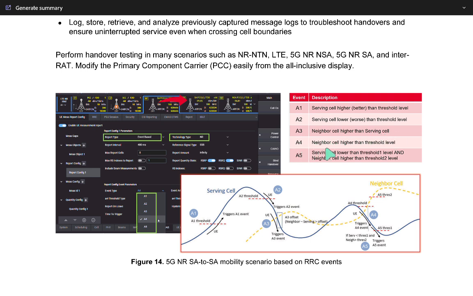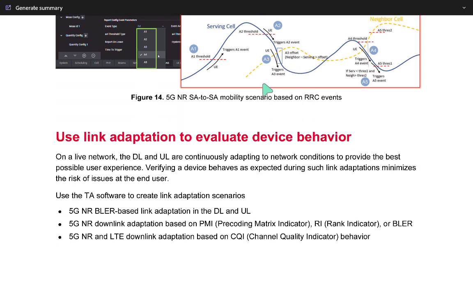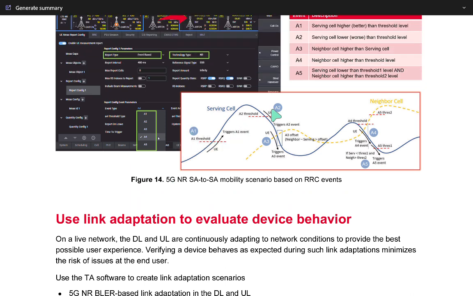A4, neighbor cell becomes better than a threshold level. A5, serving cell becomes worse than threshold 1 and neighbor cell becomes better than threshold 2. There is A1, A2, A3, A4, A5.